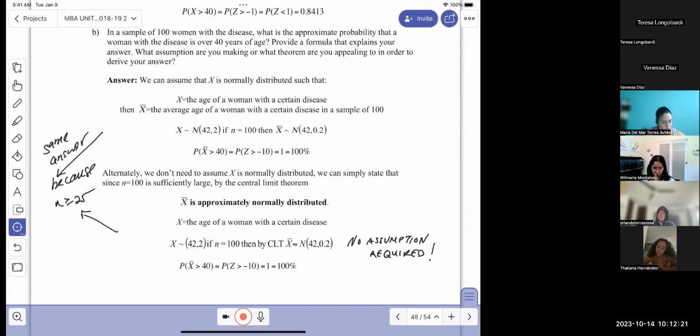So the first would be exact, but with an assumption that could be wrong. And this way, using the central limit theorem, the sample size is big, so it doesn't really matter. If it's small, though, you can't do this, and so you have to assume.